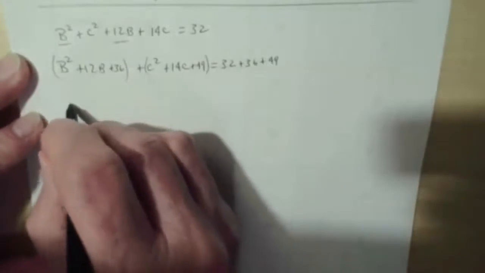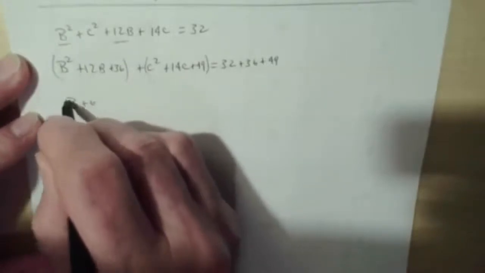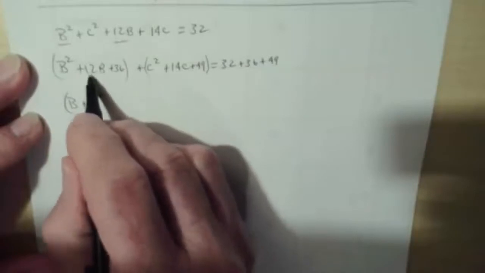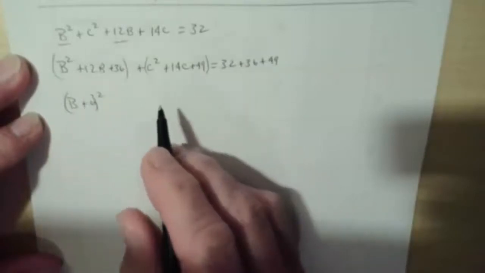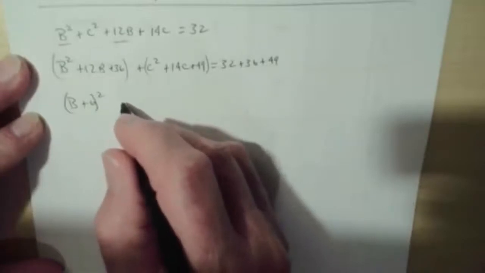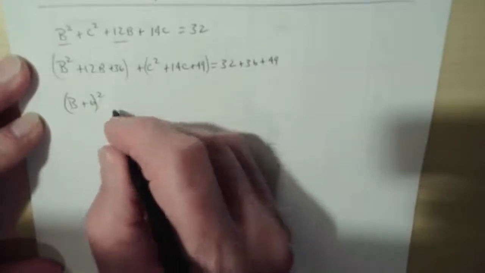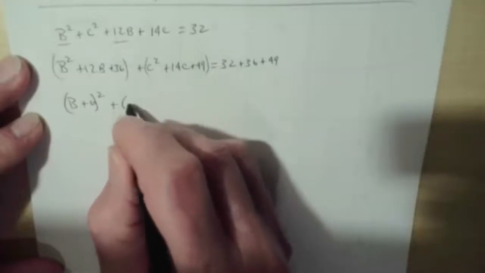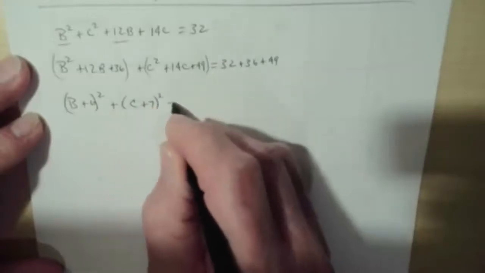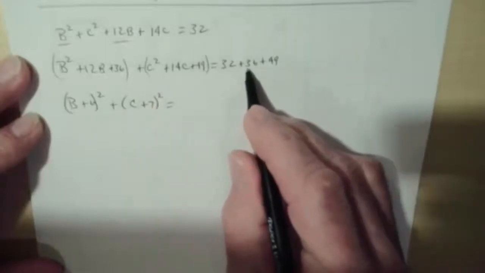This is b plus 6, all squared. And remember, to get this number here, it's just half of the linear term, sign and all. Plus c plus 7, all squared, equals, what is it, 60.